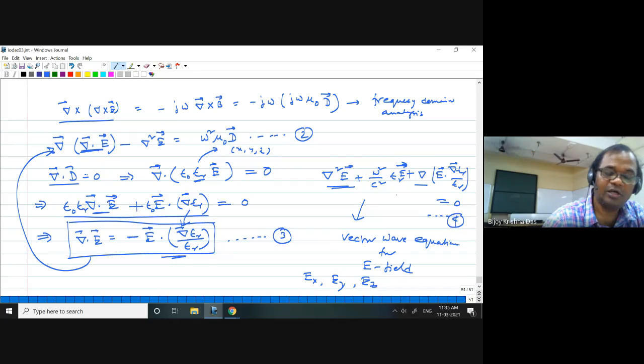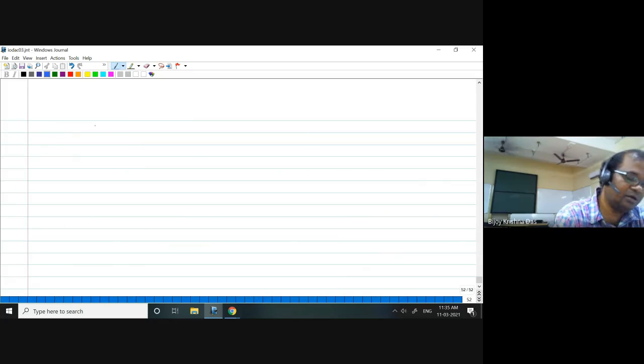Because you know it's a vector. So if you write that some vector function is equal to 0, some vector equal to 0 on the right hand side means I can find out the x component, the y component, and the z component. If the vector itself is 0, I can easily say that each individual component will be 0.